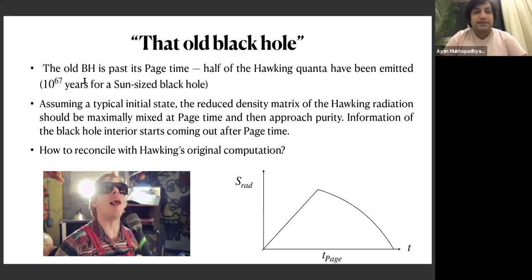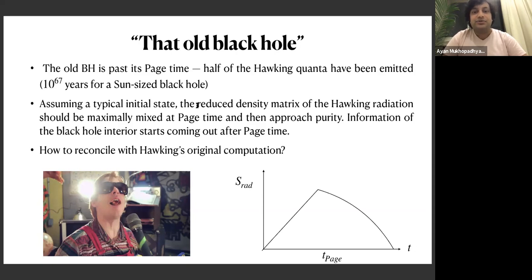But what is so interesting about it is that theoretically, it is the most puzzling thing, for various reasons. If you start with a typical initial state that describes a black hole, and we assume that the evolution is unitary, then the reduced density matrix of the Hawking radiation can be maximally mixed only at Page time, and then the entanglement entropy of the Hawking radiation has to go down.